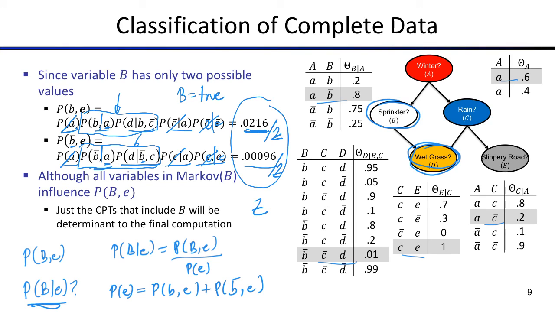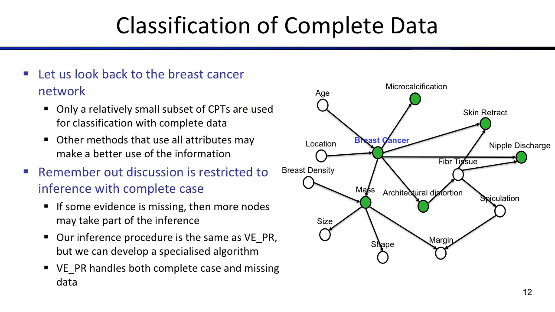We know that the Markov blanket involves C, C is here, and also D, and D is here, together with the variable B. But at the end, the probabilities that we are considering are just the ones that involve the variable B, that is the class variable. So in the end, we have this, right?